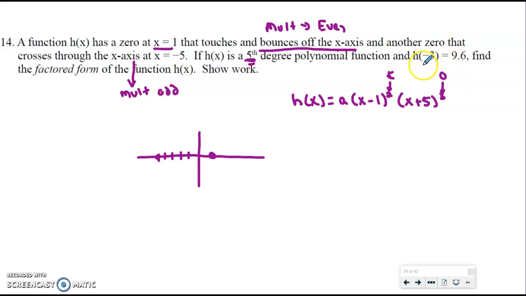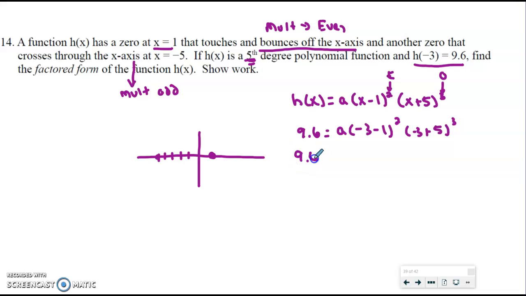Now, I look at this, I know that I have a point at -3, 9.6, so I'm going to plug that in. So I got 9.6, and then I got -3 minus 1 to the second, and then -3 plus 5 to the third.